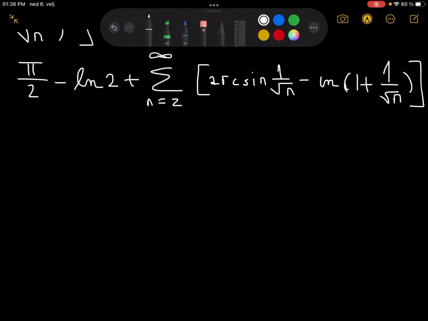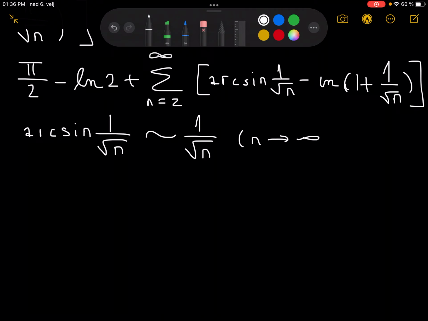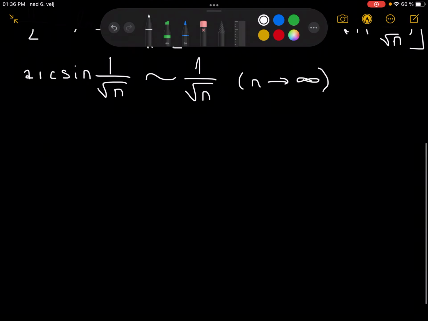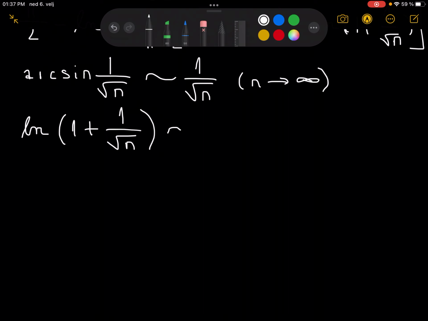The arc sine of 1 over the square root of n is asymptotically equal to 1 over the square root of n as n approaches infinity, and ln of 1 plus 1 over the square root of n is asymptotically equal to the same thing, 1 over the square root of n, as n approaches infinity.